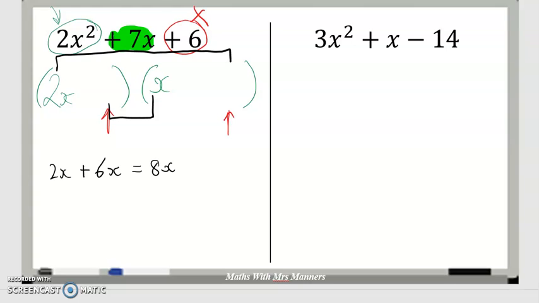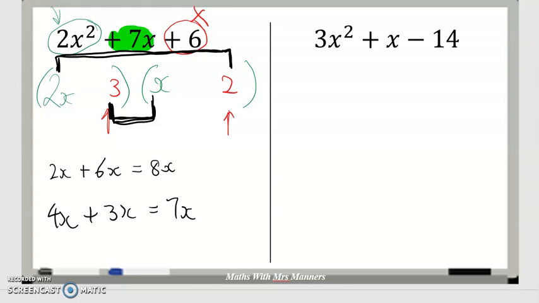So instead of 6 and 1, I'm going to choose 3 and 2. Now I'm going to do my outside-inside check again. This time I get 4x when I multiply the 2x by the 2, and then I multiply the insides, the 3 by the x. That gives me 3x, and look what I get: the 7x that I need.